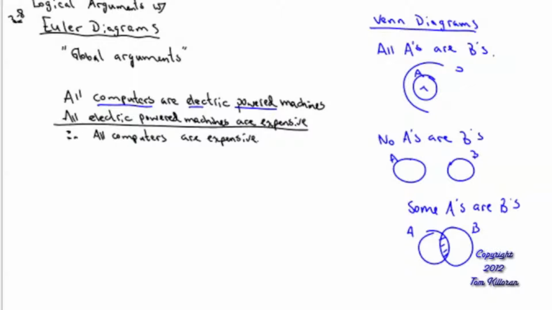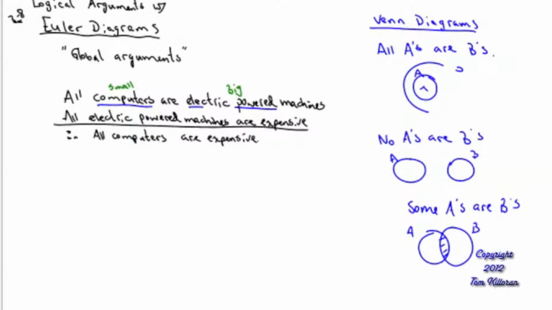The powered machines, because it comes in the second place. Just like over here, all A's are B's. B's came second, but it became the big circle, and the first one goes inside of it. So when we're drawing this, we start with this is the big circle, and this one is the small circle, because that's how all works.